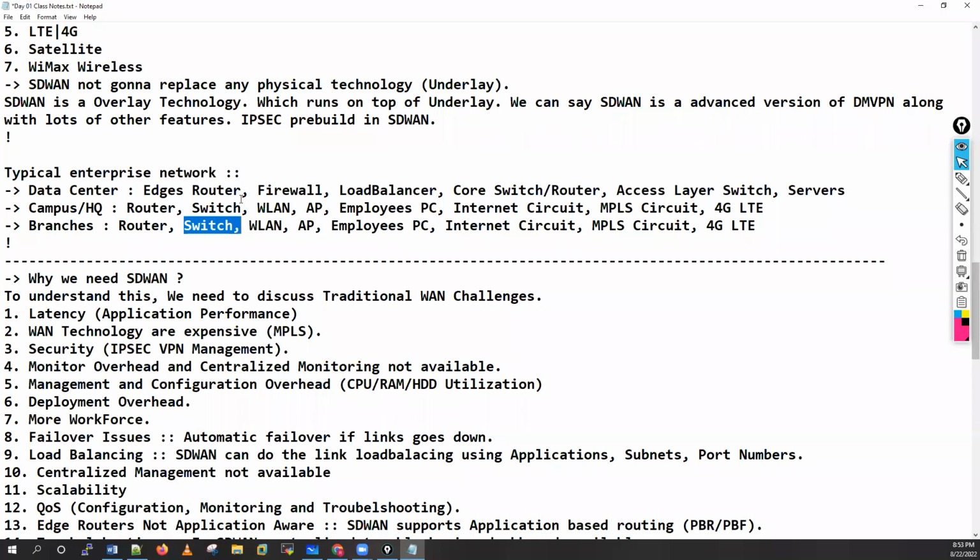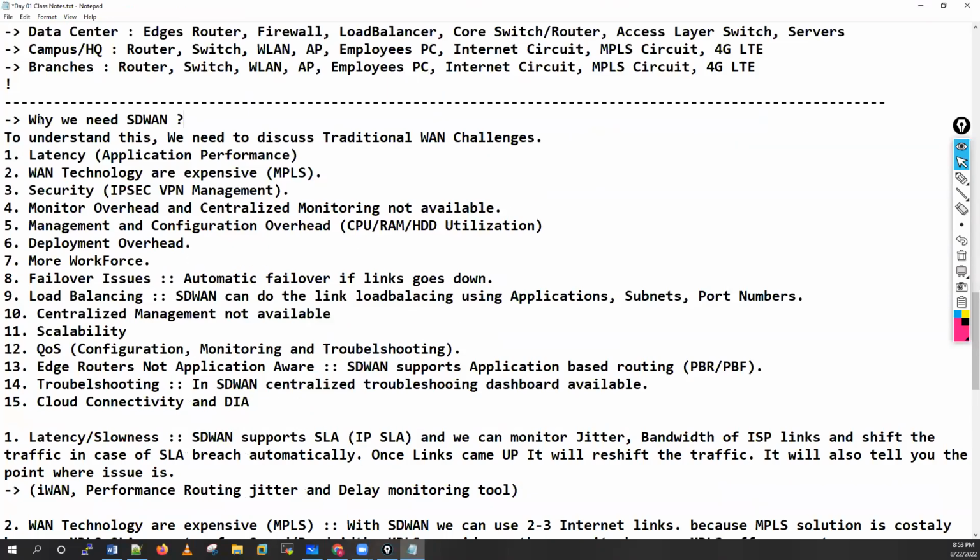Now, let me tell you one thing: why do we need SD-WAN technology, guys? To understand why we need SD-WAN, or software defined wide area networking, we have to discuss some traditional WAN challenges. In a traditional environment, what challenges do we have?